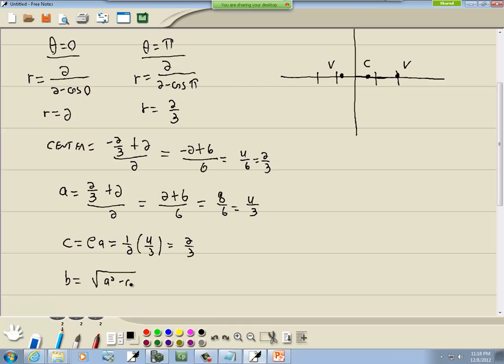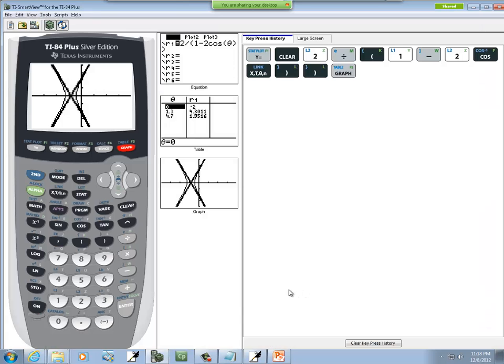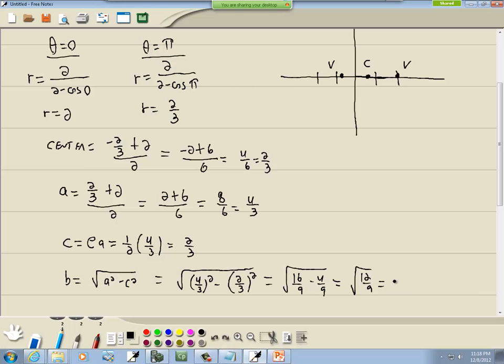So we got 4/3 squared minus c squared, which is 2/3 squared. So that gives us 16/9 minus 4/9, which is 12/9. I think I've already done it in my calculator. That's 1.15.